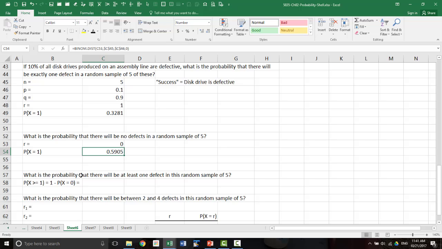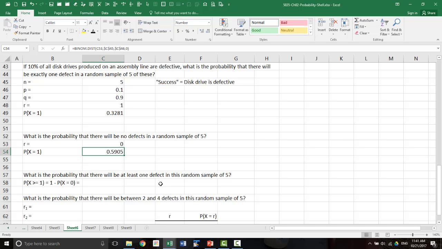Next, what is the probability that there will be at least one defective in 5? At least one is 1 or more. So you can get x equal to 1, 2, 3, 4, 5. You can individually compute these 5 probabilities and sum them.